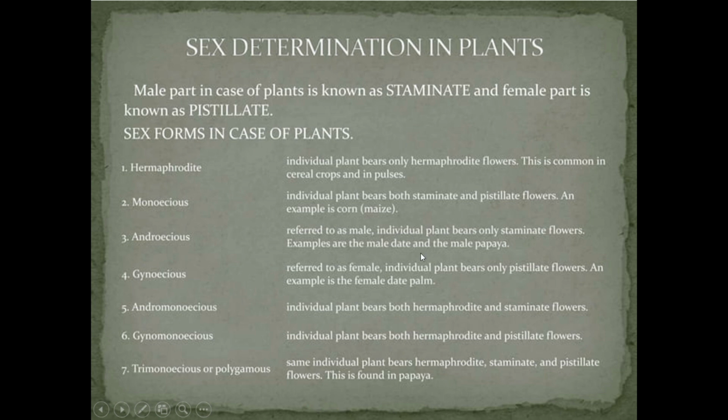Examples are the male date and the male papaya. Gynoecious plants are female individual plants that bear only pistillate flowers, and an example is the female date palm.